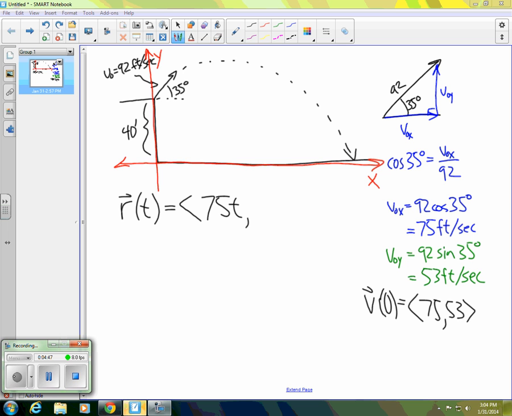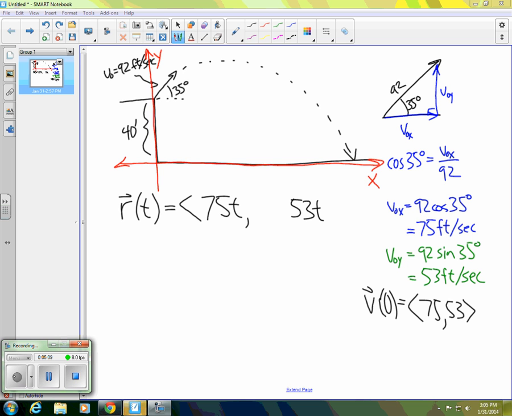Now, the vertical position is going to have a component of 53t. That would give us the height at any time if it was launched vertically at 53 feet per second, but only if it started at the ground and there was no gravity.